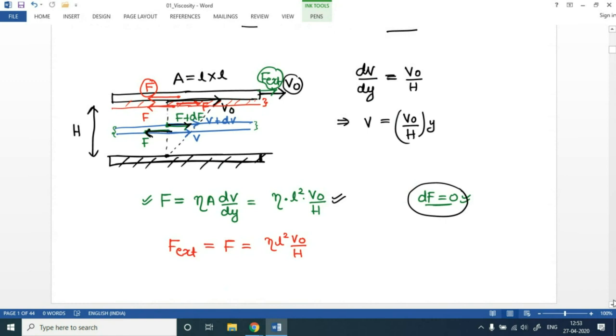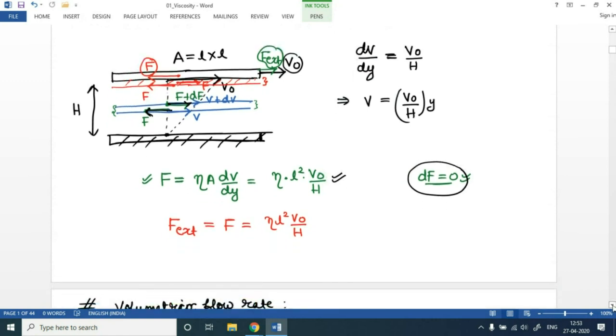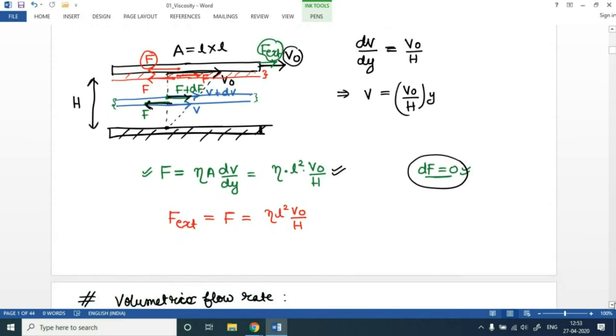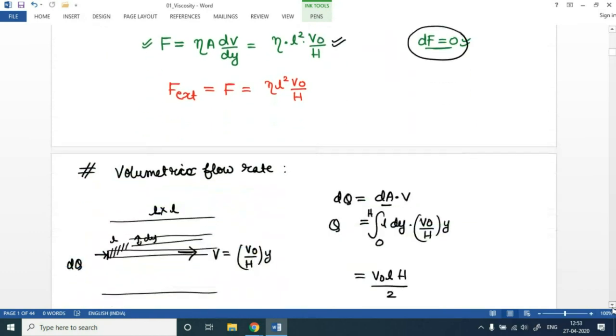So that means that energy will be transferred to the system, and that energy will simply be dissipated as heat. So each layer of liquid is doing some work which is transferring it to another layer of liquid, and that we have found in the last part.